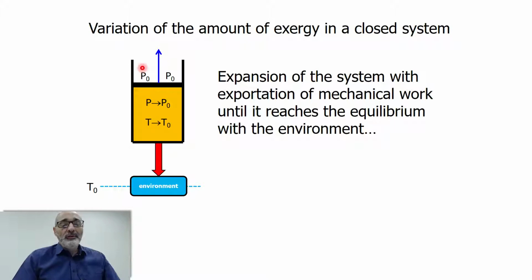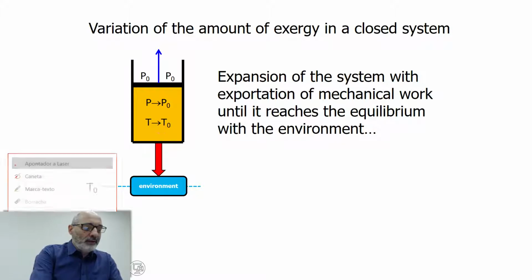If we allow this system to expand in order to equilibrate the pressures, the internal pressure P of the system is going to become equal to P0, and if we allow heat to be exchanged, T is going to become equal to T0. So two things are going to happen here.